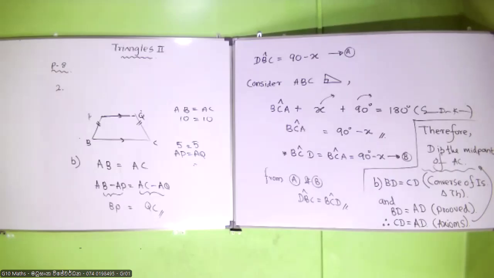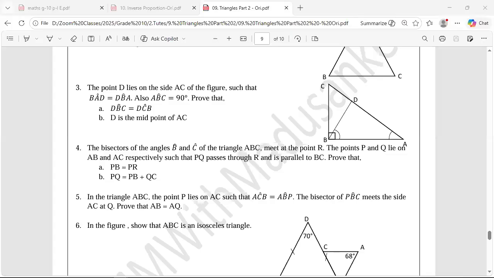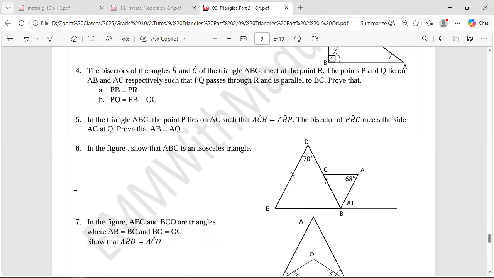Last question. We are going to do another one. I am going to share the screen. Do this fast, and all of you need to send me the answers. Do the sixth one.